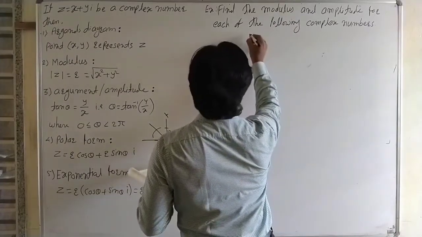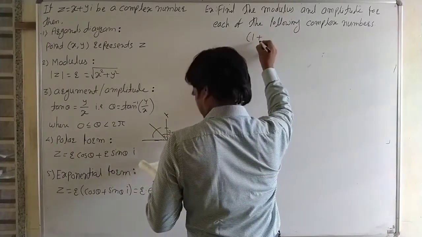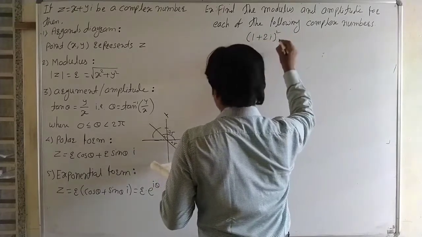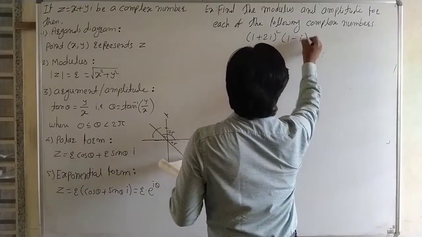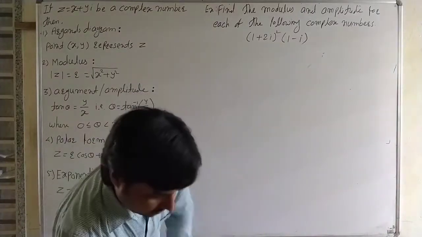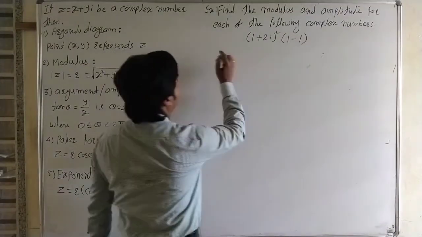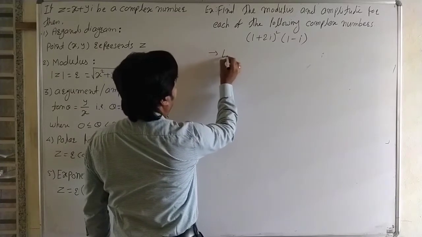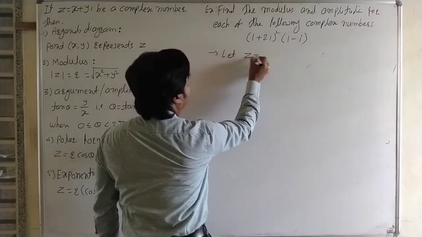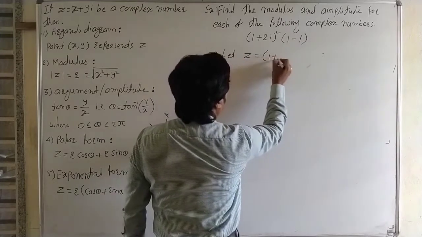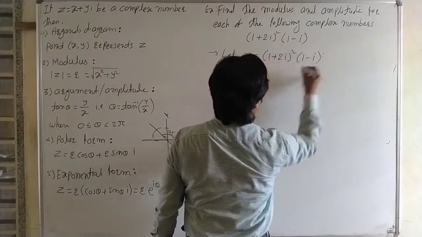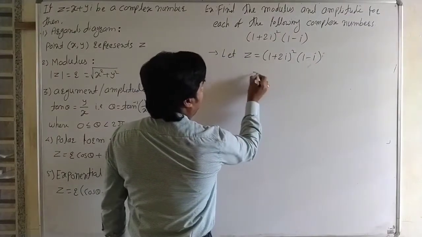The complex number is 1 plus 2i whole square into 1 minus i. First we write this complex number in the form of x plus yi. Here let z is equal to 1 plus 2i whole square into 1 minus i. Then solve this.